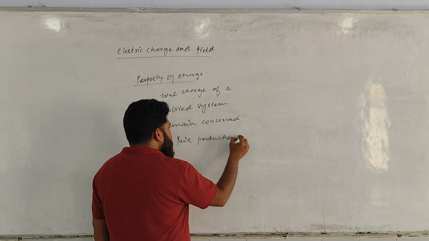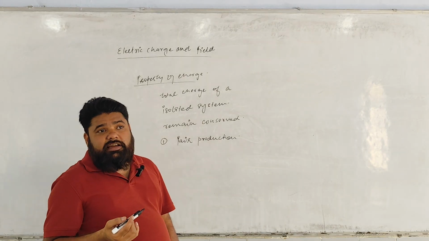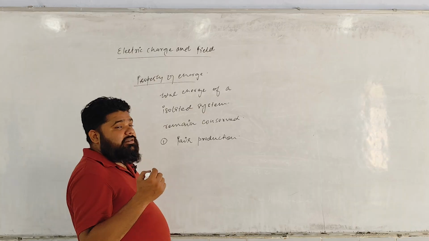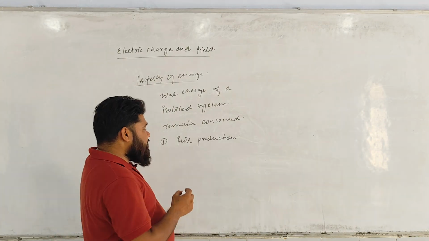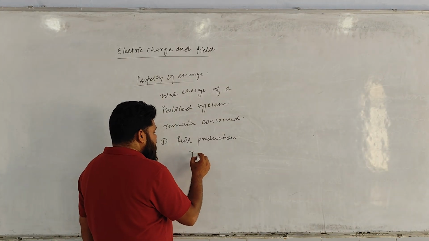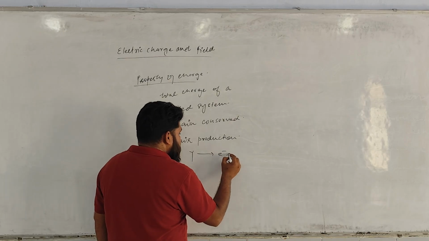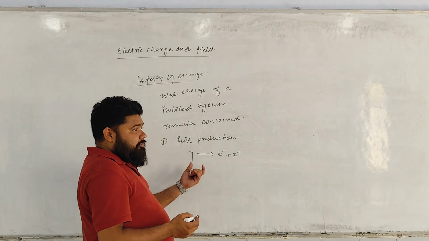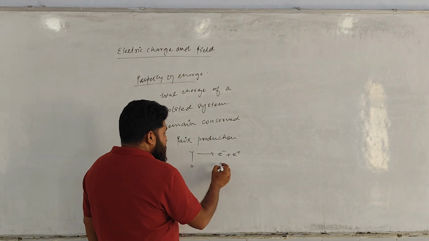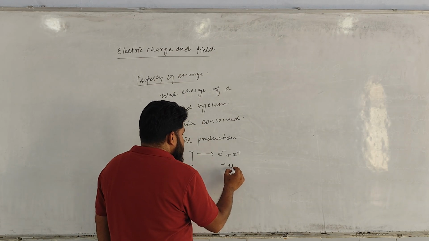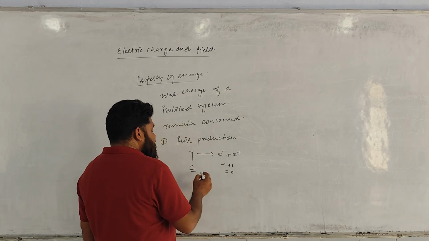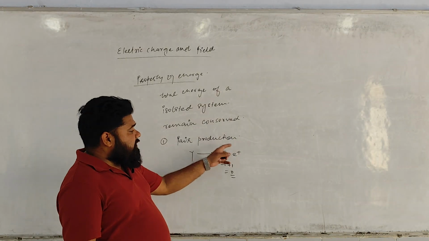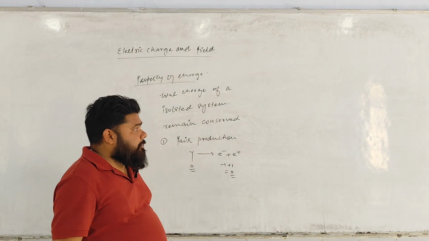In pair production, when gamma ray photon materializes, that is, when gamma ray photon converts into material, then an electron and a positron will be created there. That means when the gamma ray materializes, it creates one electron and one positron. And when we count the charge, gamma ray photon has the charge 0, and after the reaction minus 1 plus 1, that becomes 0. That means the total charge before the process is equal to the total charge after the process. So here that equation follows the conservation of charge.